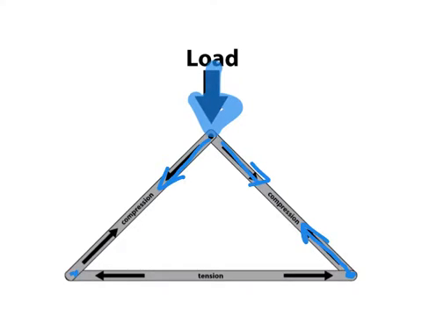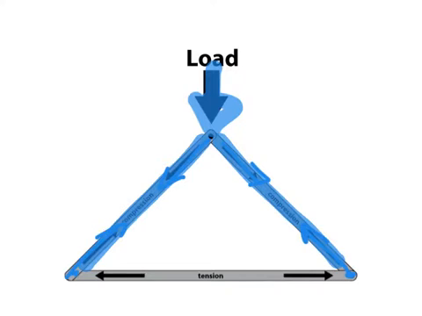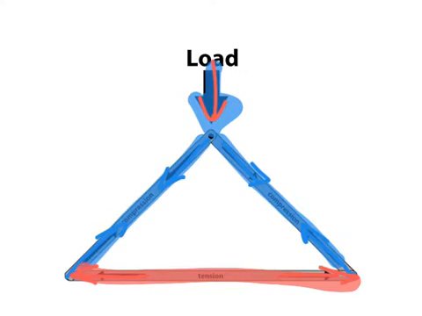So these pieces of wood are under compression. Whereas down the bottom, because the load is coming down, it's pulling outwards. So the bottom member is in tension.